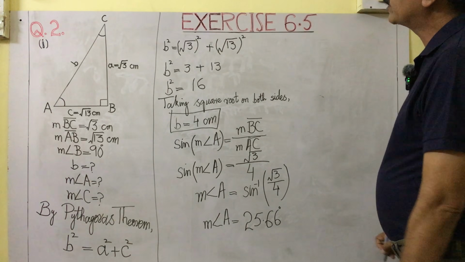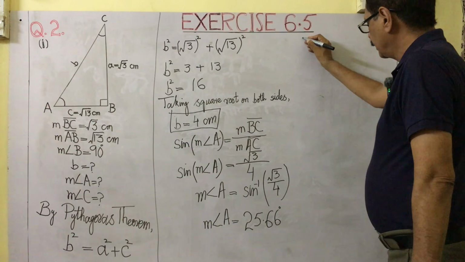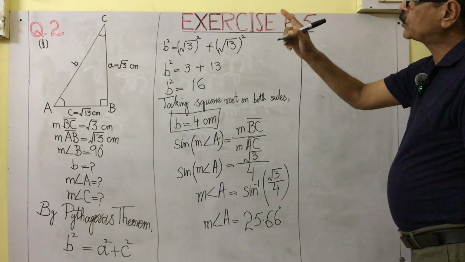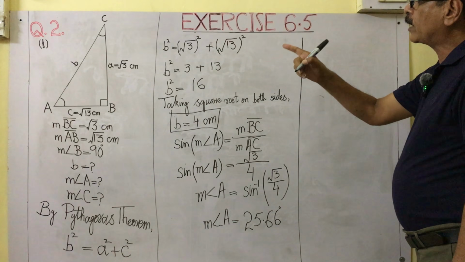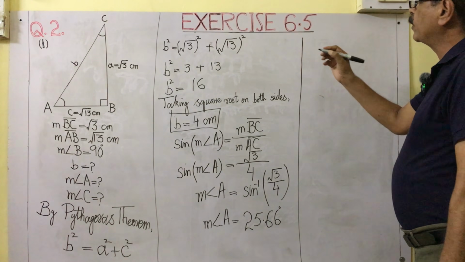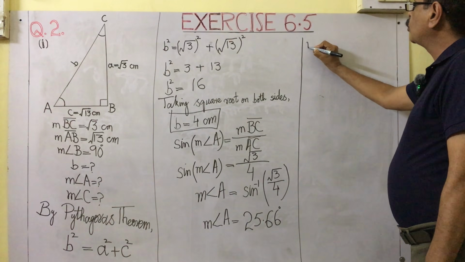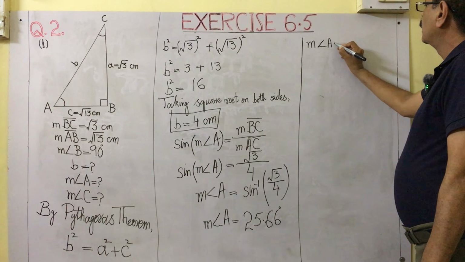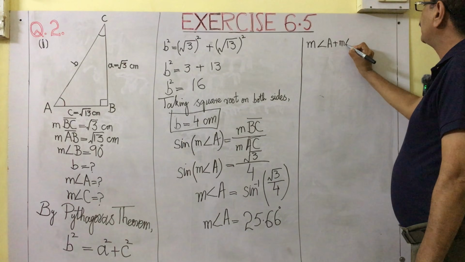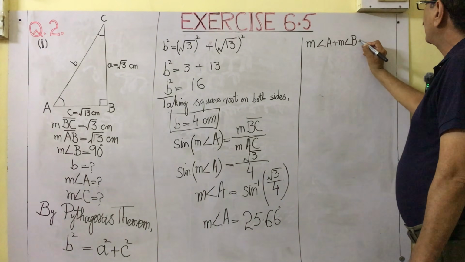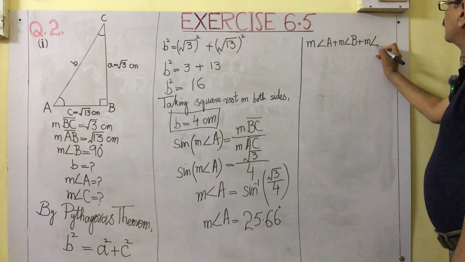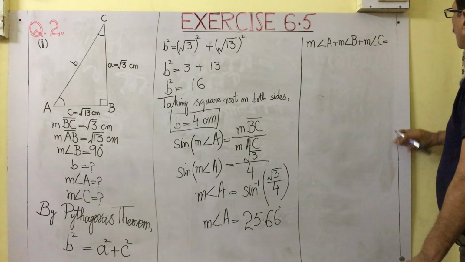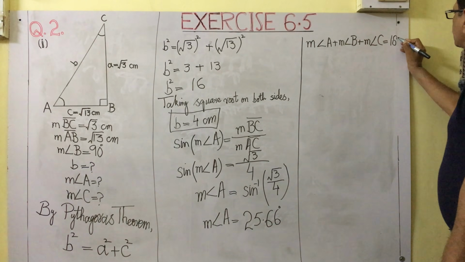Lastly, we will find out the measurement of angle C. We know that the sum of the three interior angles of a triangle is always equal to 180 degrees. So you can say measurement of angle A plus angle B plus angle C is equal to 180 degrees.